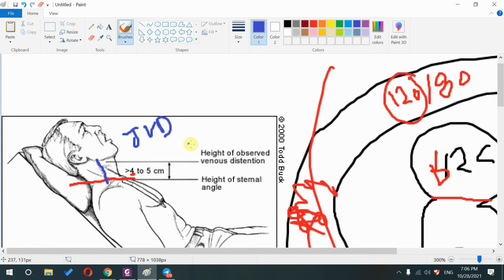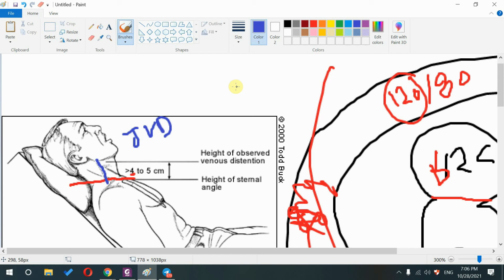which tells you the blood is not moving to the right atrium, or the right atrium has a stasis of blood. Guys, think about it. When we spoke about the connection between the right atrium and the right ventricle, we had the tricuspid valve. But what about the connection between the superior vena cava and the right atrium? There were no valves. It's a direct communication.